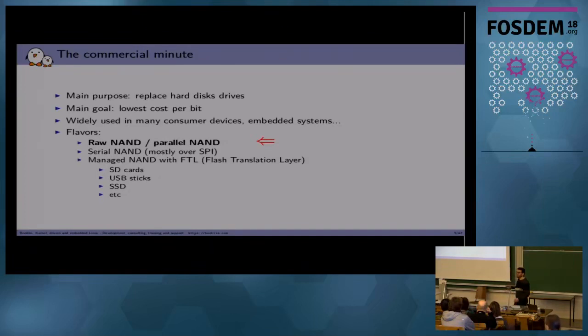And you can find them in a lot of flavors. I will talk about raw NANDs and how you drive them with a NAND controller, but you can also find them on SPI buses. And there are more and more managed NANDs in the form of eMMCs, SSDs, USB sticks, and so on.